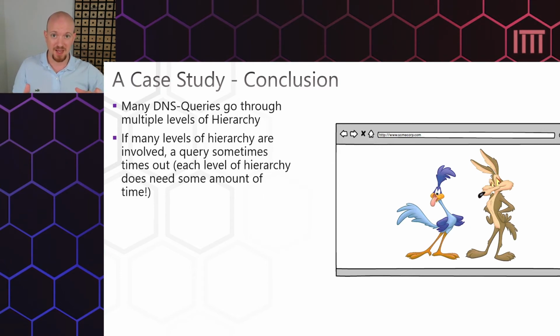And there is a timeout defined for DNS queries. It's usually a few seconds, and if this time is not enough, the first DNS query will time out, but subsequent DNS queries usually will not time out because all DNS servers in this chain will cache the responses from the other DNS servers and will then be able to return you an answer directly.